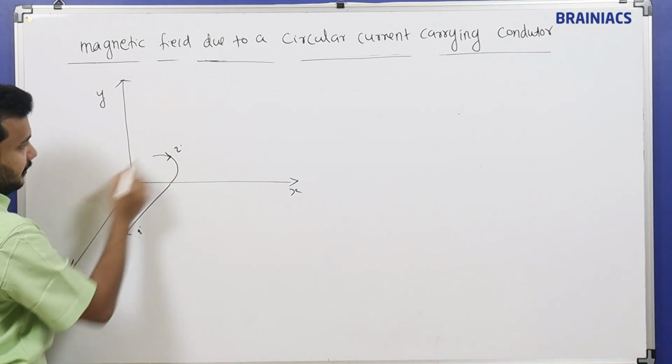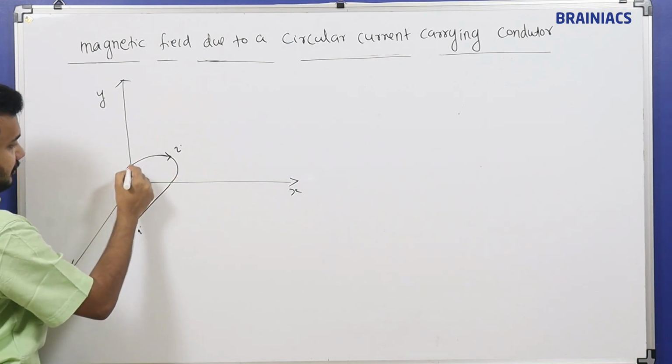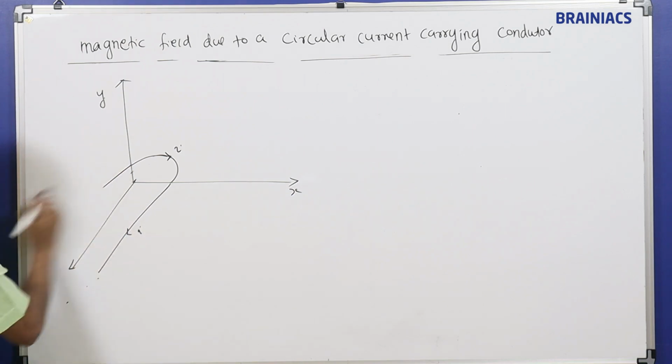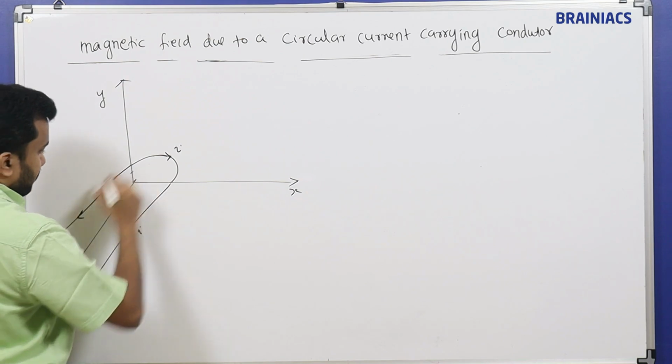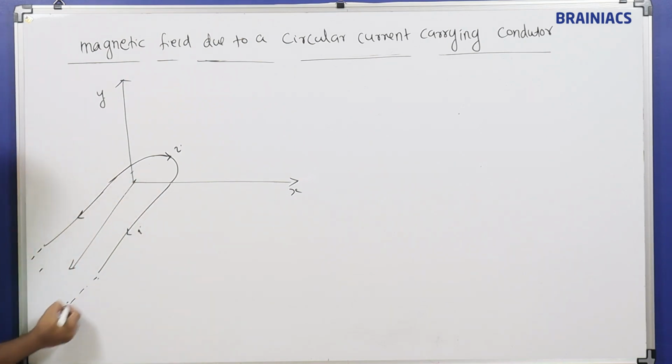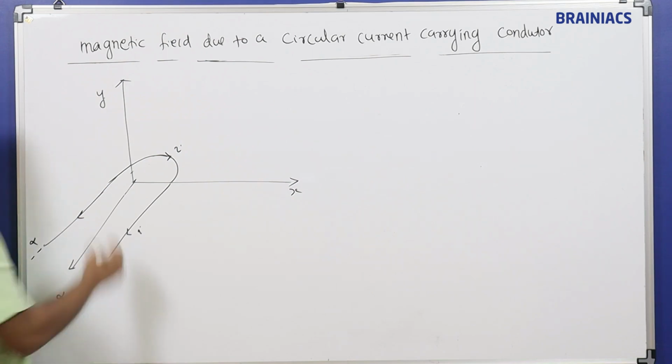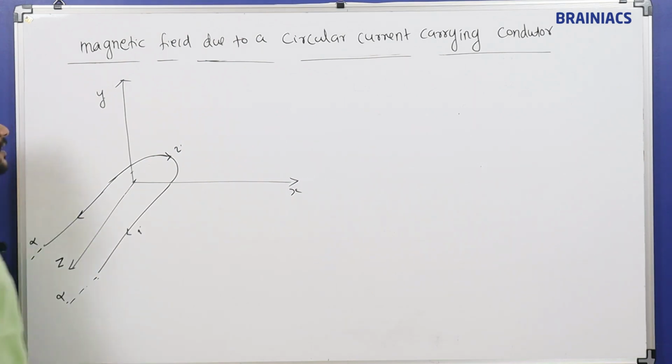Let me make it more symmetrical with respect to this. This is going to infinity. Okay, infinite, and this is the positive z axis.